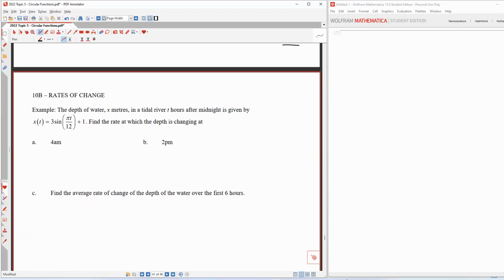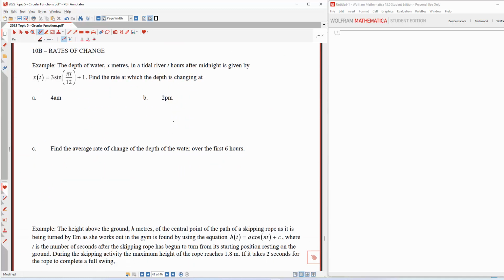Alrighty, so on to rates of change. The depth of water, x meters, in a tidal river t hours after midnight is given by this function here. Find the rate at which the depth is changing at 4 AM exactly and 2 PM exactly.